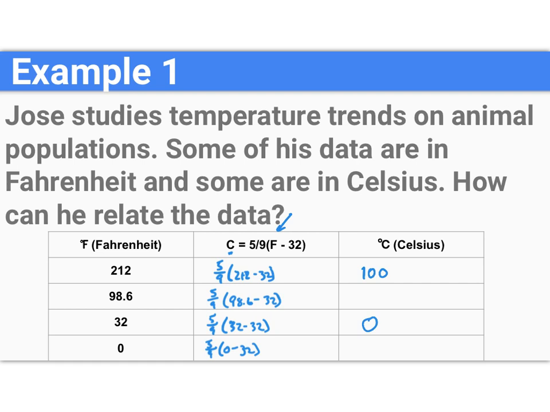So I'm going to put this in my calculator and do 5 divided by 9 in parentheses, and then 98.6 minus 32 in parentheses, and get 37 Celsius, and then negative 17.778 degrees.